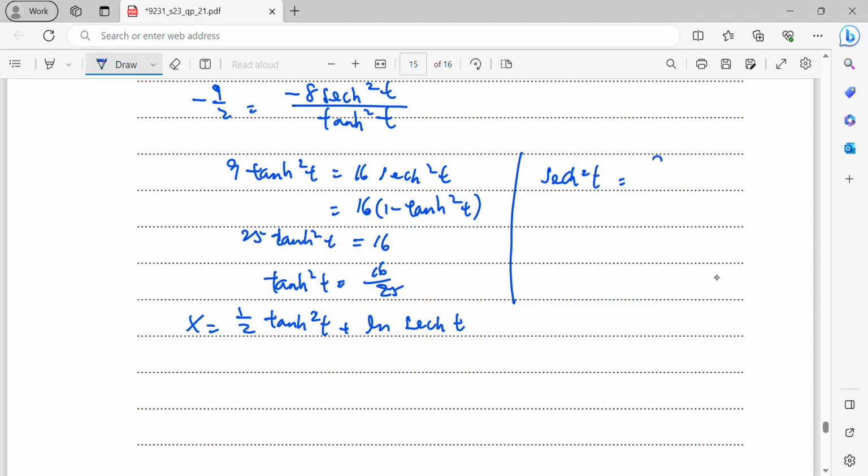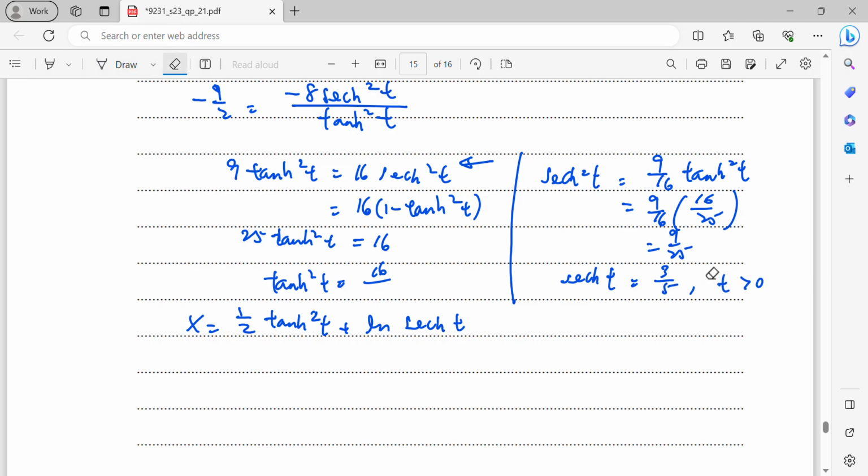Secant squared t is 1 plus tangent squared t, which is 41 over 25. Therefore, my secant t will be the square root of that, given the t is greater than 0.